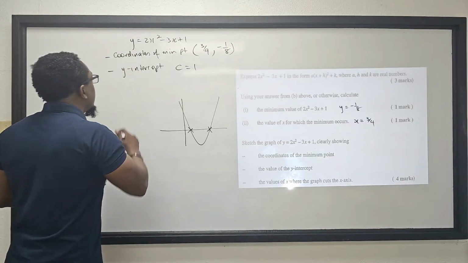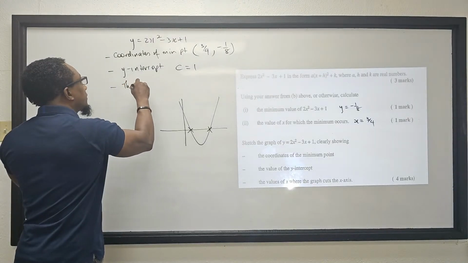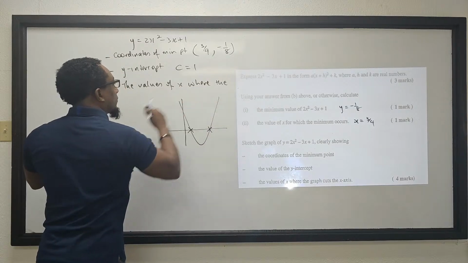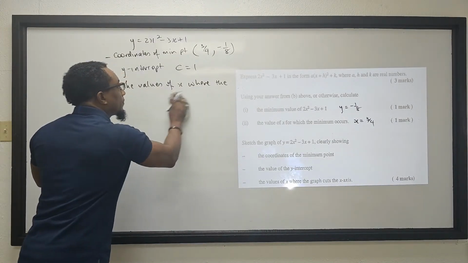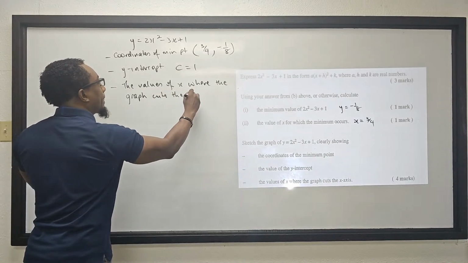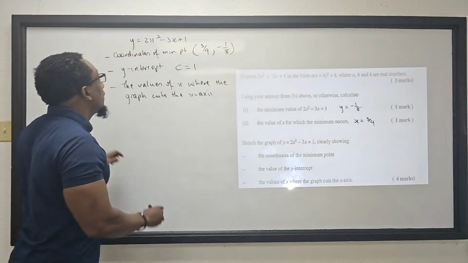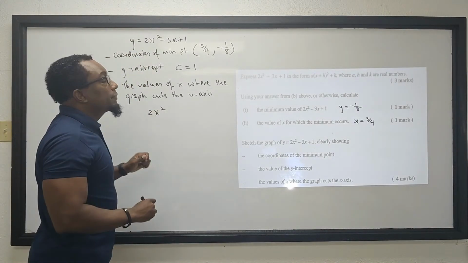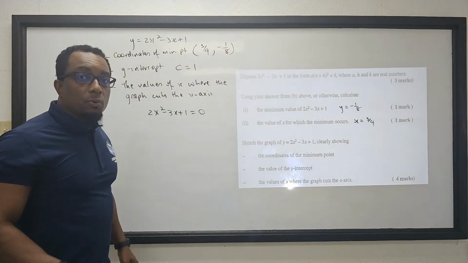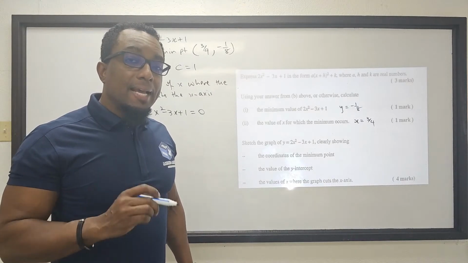In order for us to get the values of x where the graph cuts the x-axis, we have to solve a quadratic equation, meaning we take the quadratic function 2x squared minus 3x plus 1 and put it equal to 0. Let's solve that quadratic equation so we can get our two values of x and then we can sketch the function.